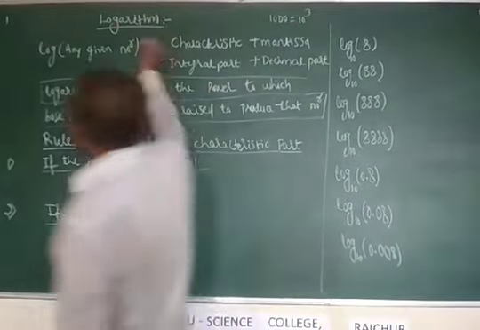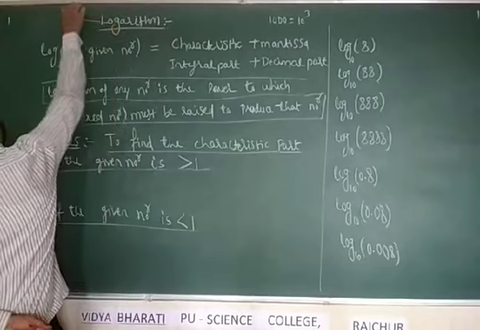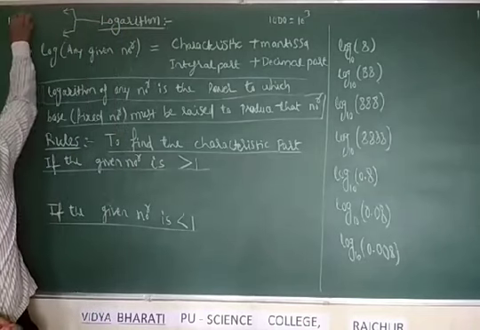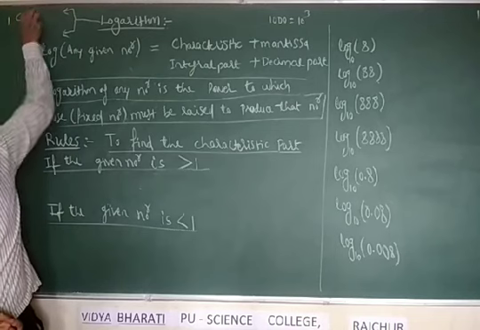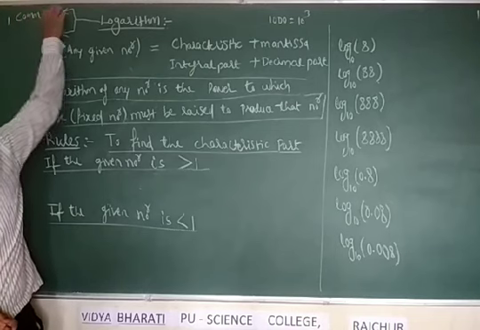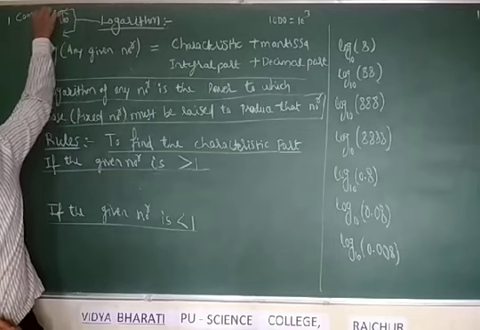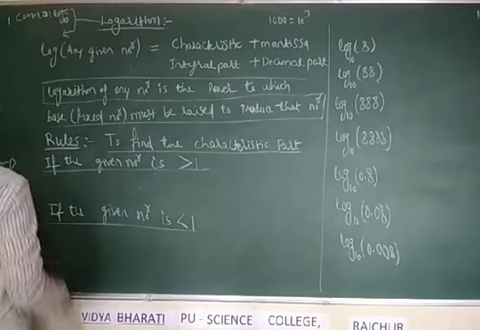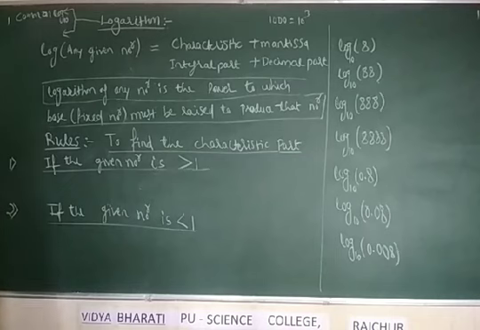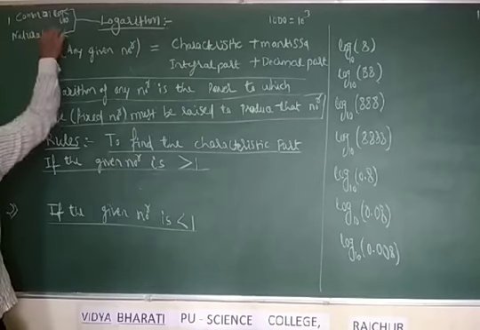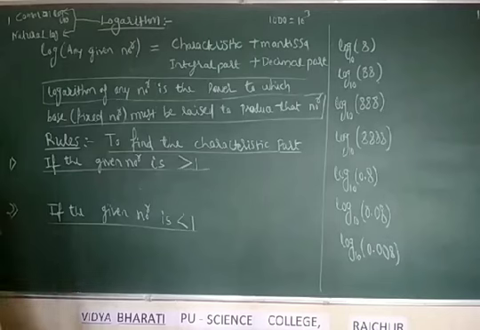And in that way, there are 2 types of logarithm. One is common logarithm. Common logarithm is the logarithm where the base is 10. And one more logarithm is natural logarithm or Napier's logarithm.